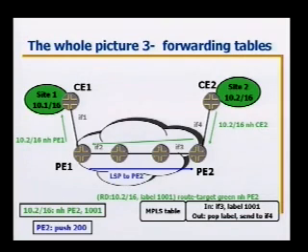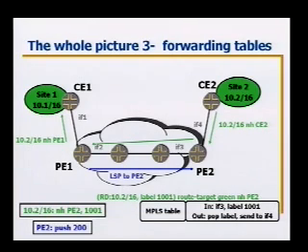PE1 is going to install a route for 10.2/16 with next hop PE2 and the push label of 1001. Now this BGP route has a next hop of PE2 that needs to be resolved. Now we've already seen that the LSP that was signaled between PE2 and PE1 created an entry for PE2 with a next hop of push 200.